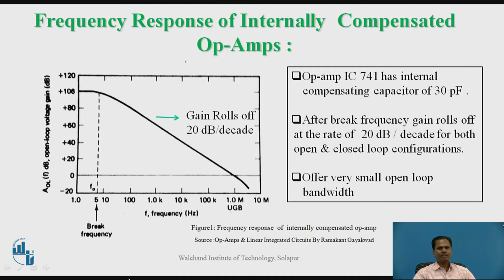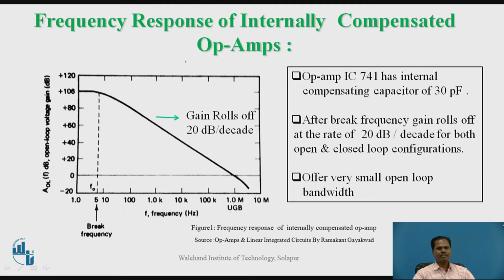The figure shows the frequency response of internally compensated operational amplifier. It is a plot of open loop voltage gain versus input signal frequency. So open loop voltage gain as a function of frequency is expressed in dB scale so as to accommodate very high value of a voltage gain of operational amplifier.